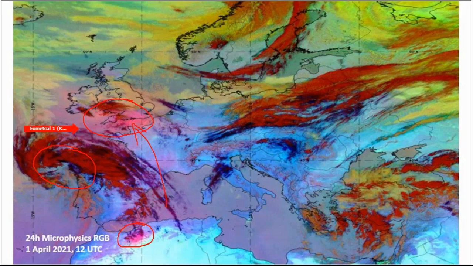So this day we see that the weather was quite nice in most of Central Europe, in France, Germany and Croatia, with very little cloud. We see some fronts, a cold front here, and some clouds here because of the lows that we will see in the next couple of slides.